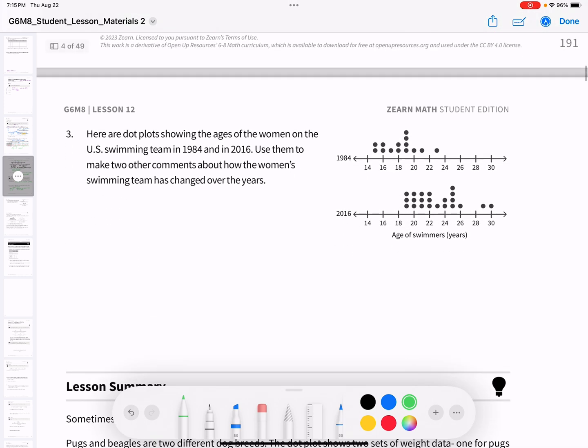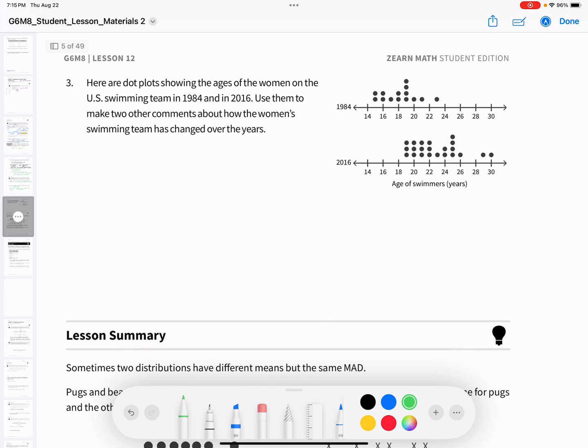All right, here are the dot plots showing the ages of the women on the U.S. swimming team in 1984 and in 2016. Use them to make 2 other comments about how the women's swimming team has changed over the years. Well, we could say that they've obviously gotten older, right? Which we've already said.